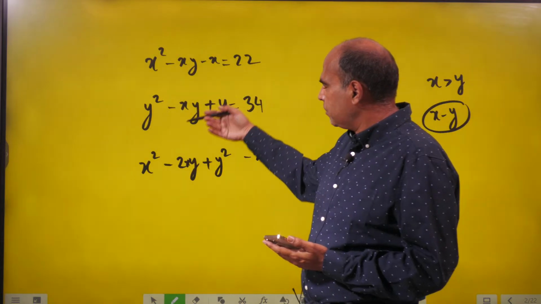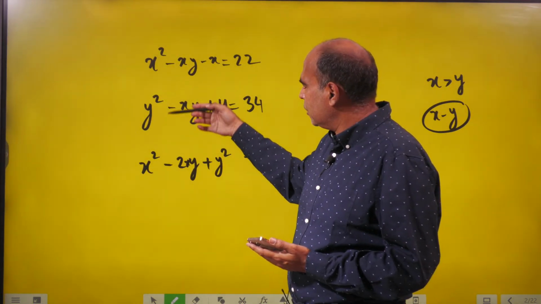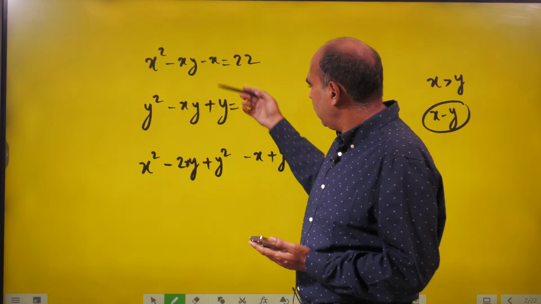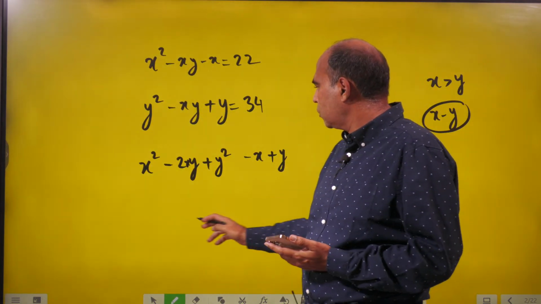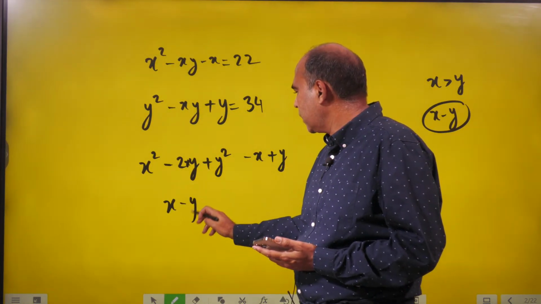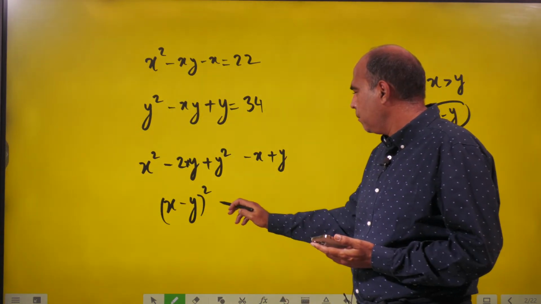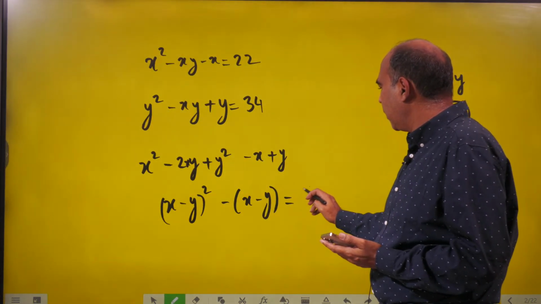If I just add these two expressions, right? X square minus 2xy plus y square, minus x plus y. So this is basically x minus y whole square minus x minus y, and this value is coming out to be 56.